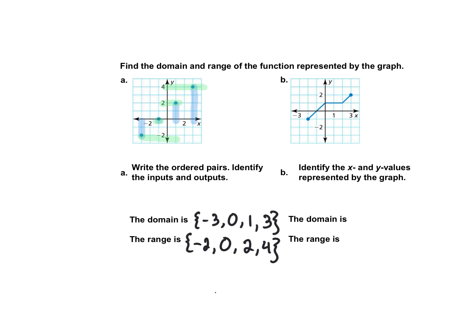Now, the order pairs are always written as x and y. That's always the case. That is the coordinates of where the point is. So this point right here is at -2 on the x and is at -2 on the y.